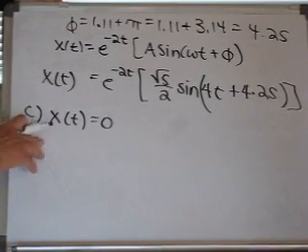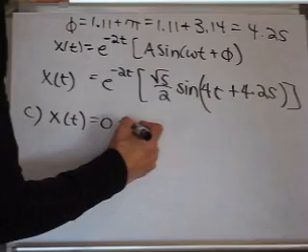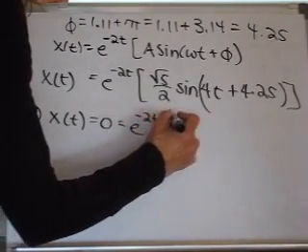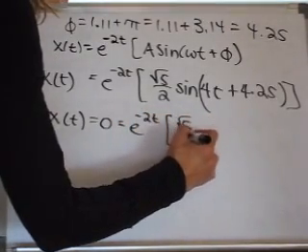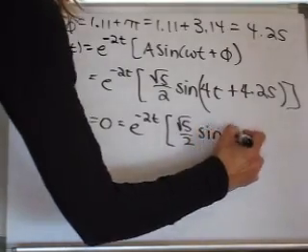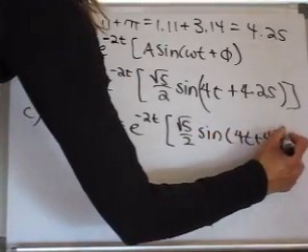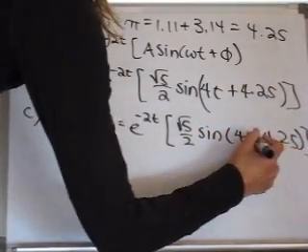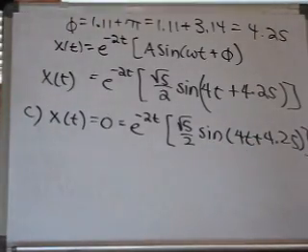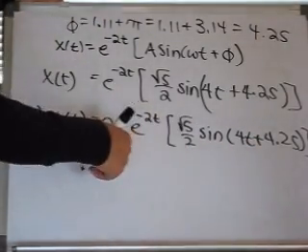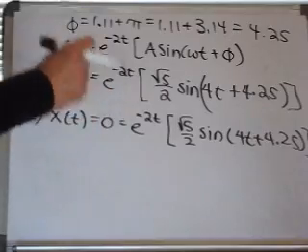So that means x of t equals 0, so I'm going to have e to the negative 2t times root 5 over 2 sine of 4t plus 4.25 is equal to 0. I can divide both sides by e to the negative 2t root 5 over 2.